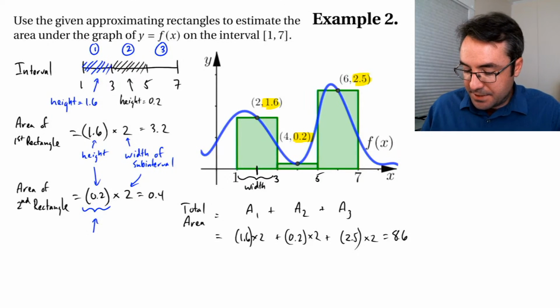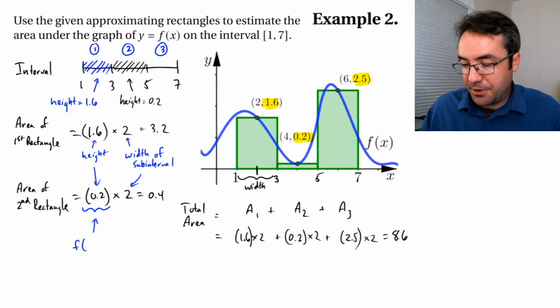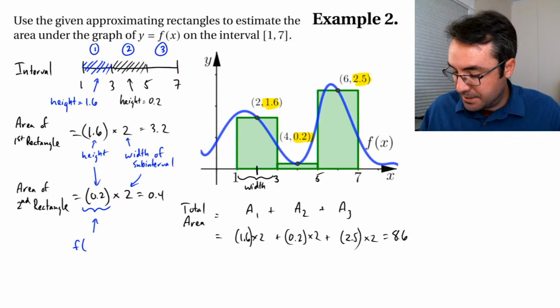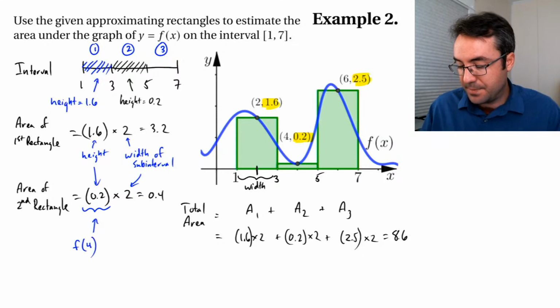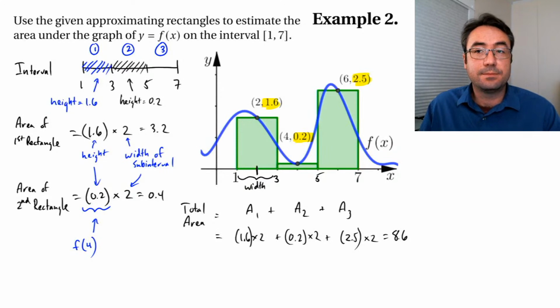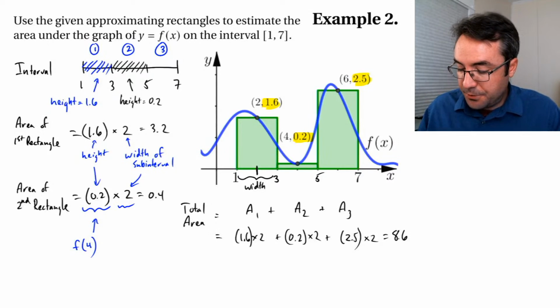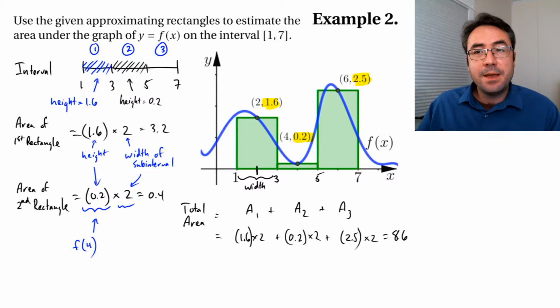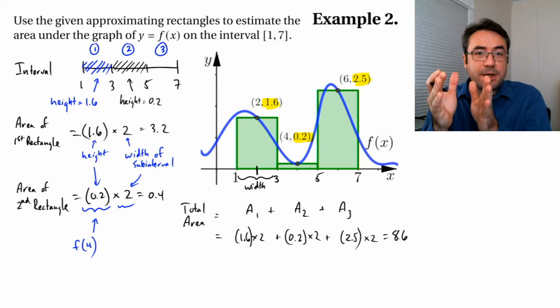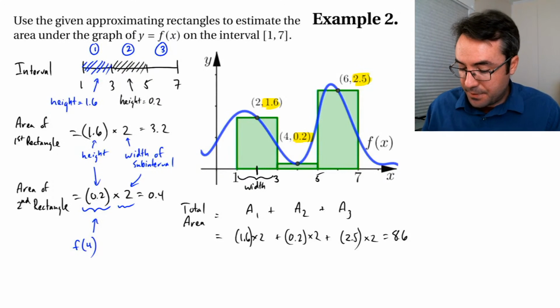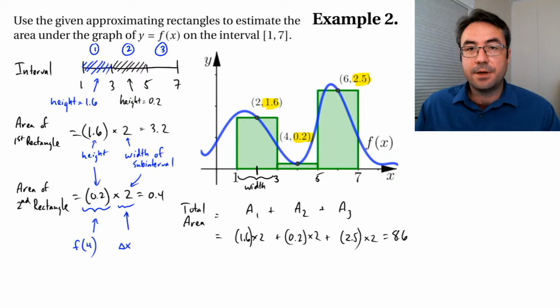Really what this is, is our function value at x equals 4. So we're just reading off the graph there. And this times 2, it's the width of our subinterval. And we've done this so each of our subintervals has the same width. So we're going to call that delta x, just for shorthand.